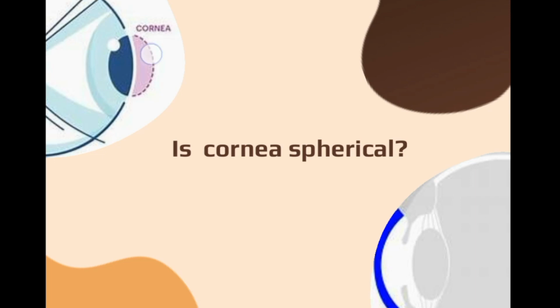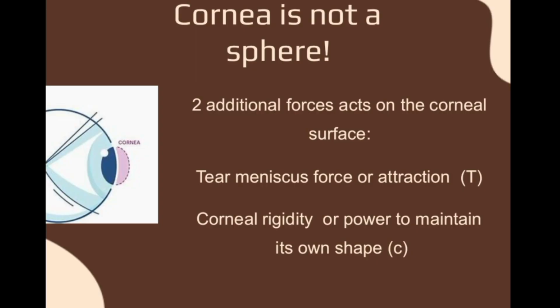Here you can see the cornea shape. So can you just say that yes, cornea is spherical? No, the cornea is not a spheric structure. If it's not a sphere, how many forces are acting on it? There are two additional forces acting onto the corneal surface. So we are going to correlate these with the Imbert-Fick law.